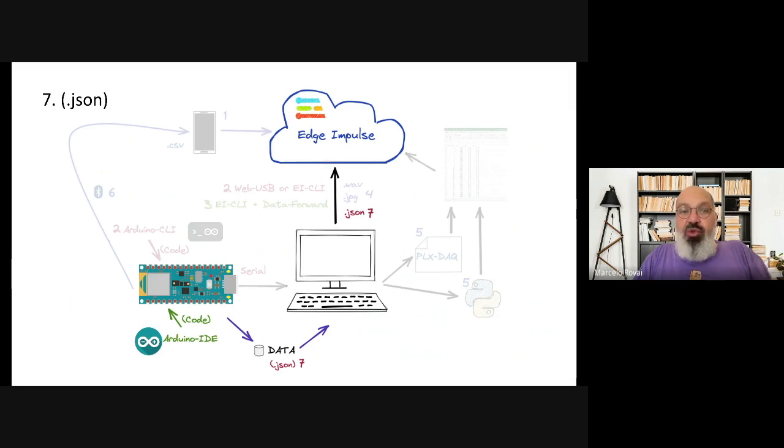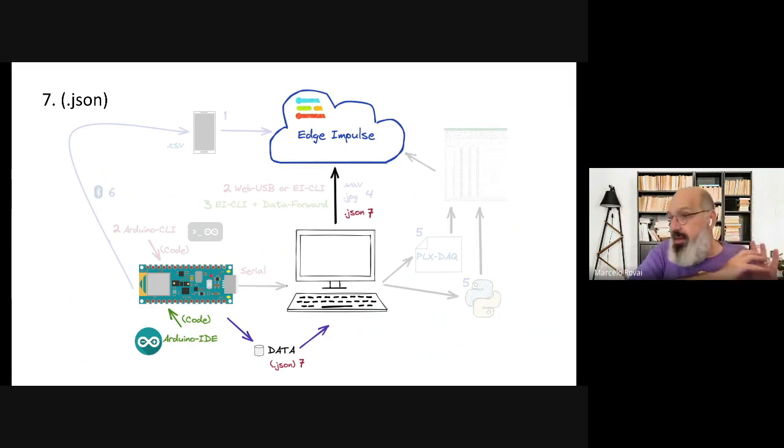You can also do this using JSON. JSON is a way you can encapsulate your data and send it to Edge Impulse. Shawn Hymel always says that the best way to do that is JSON, because with JSON you can use any type of data.